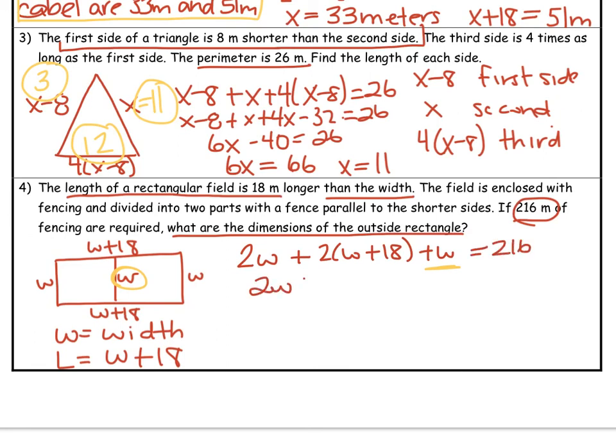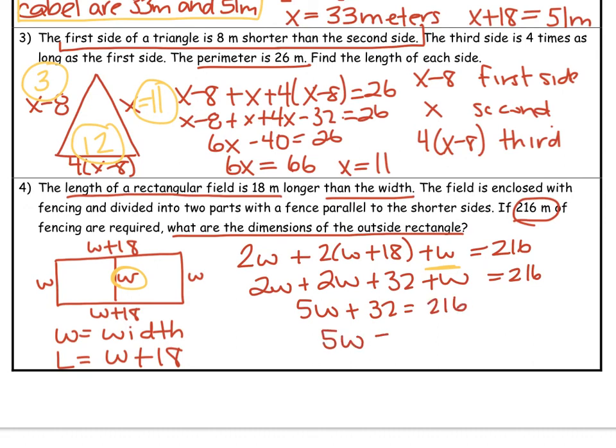So after we distribute, we get 2W plus 32 plus W plus the 2W over here equals 216. Combine like terms, and we get 5W plus 32 equals 216. Subtract 32, we get 5W equals 180. Divide by 5, and we get W equals 36 meters.